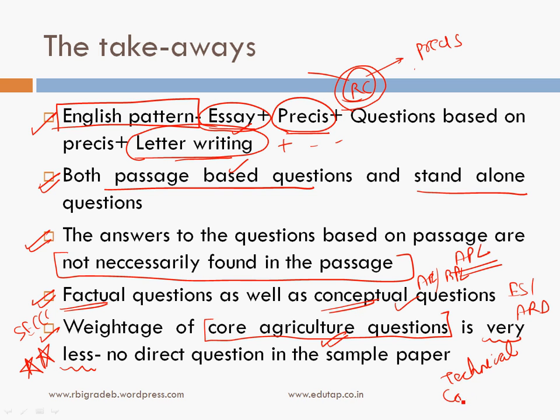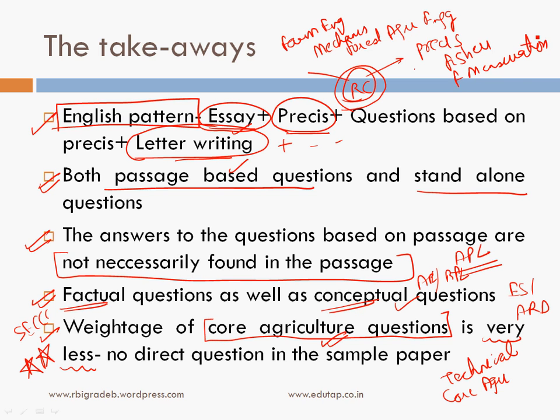It is basically core agriculture. There are topics like farm engineering, mechanization, forestry, agri-engineering, right, fisheries, forest mensuration. There are so many topics like this. Now these are core agriculture topics.